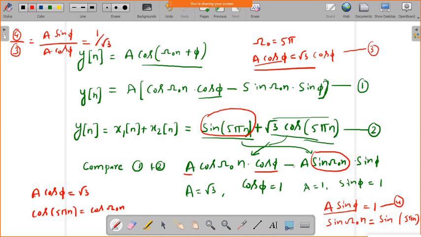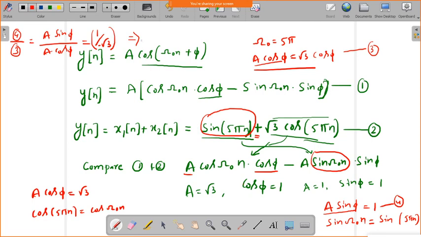Since here it is minus, it is minus 1 by root 3.